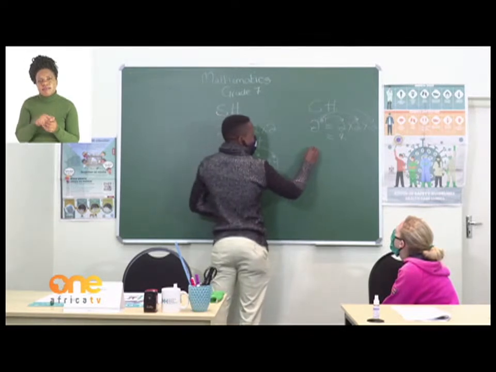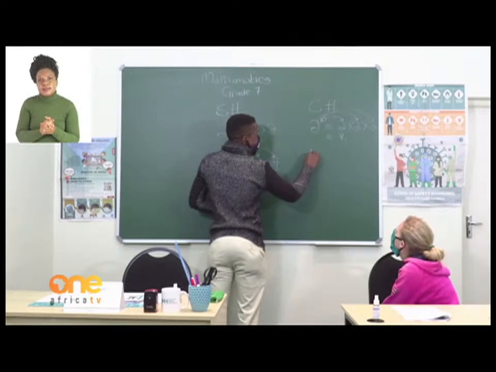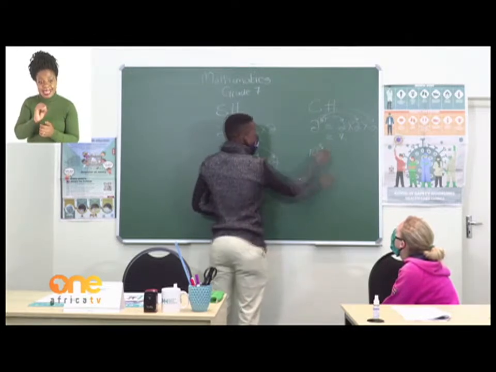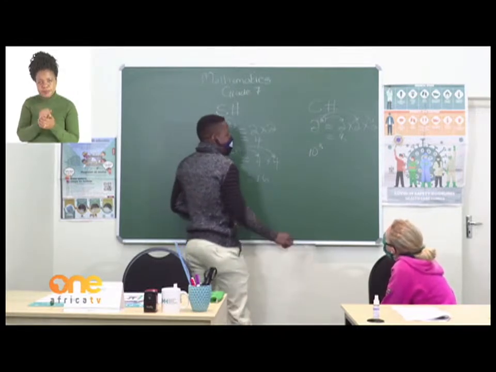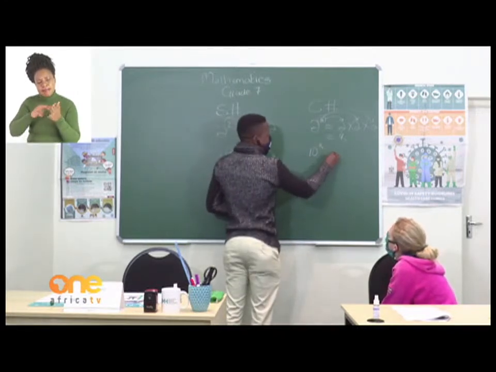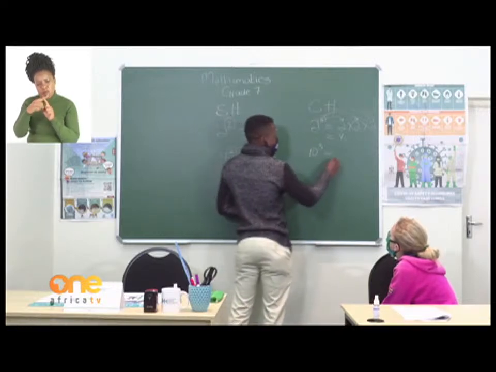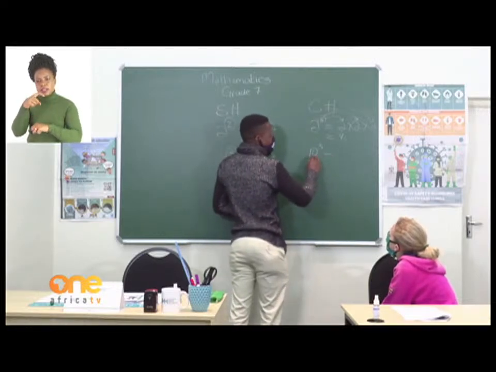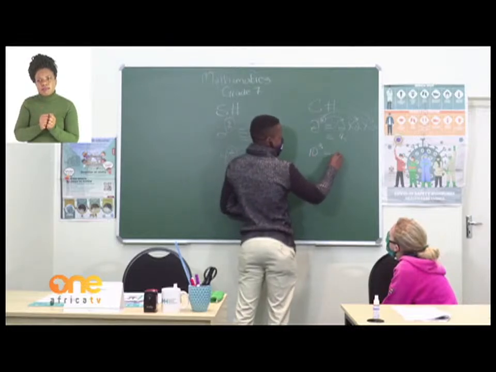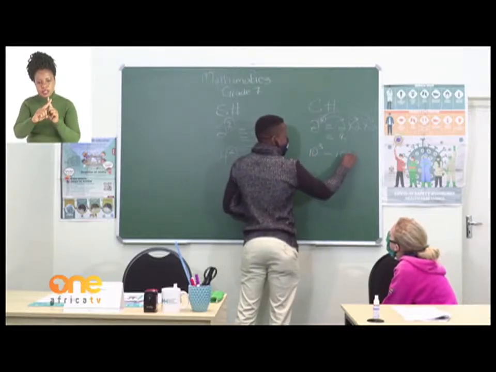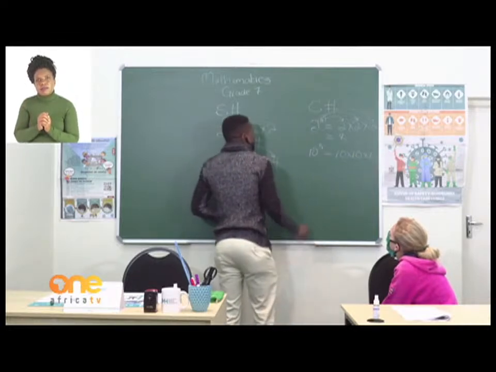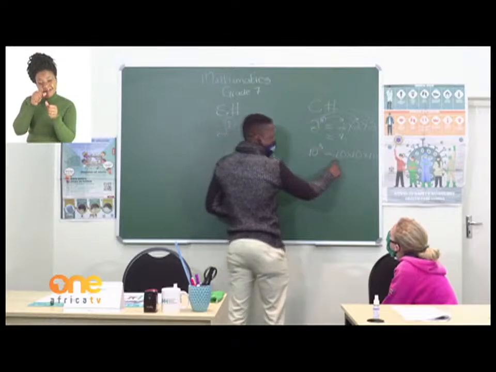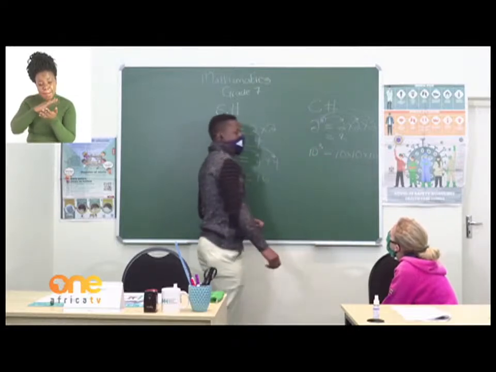We can also use the number, for example, 10. 10 to the power 3. If you look at that number, we have to multiply 10 three times, so 10 must appear 3 times. We have 10 times 10 times 10. So remember, this is 3 times that a number has to appear.